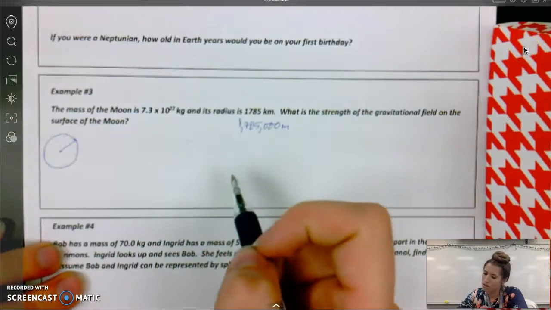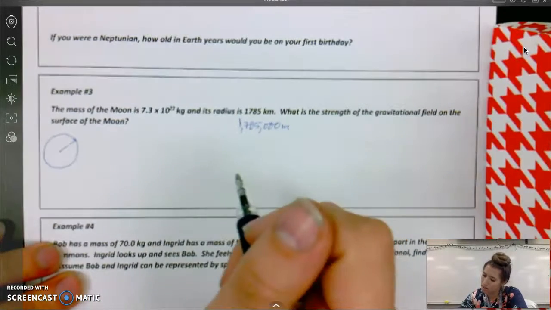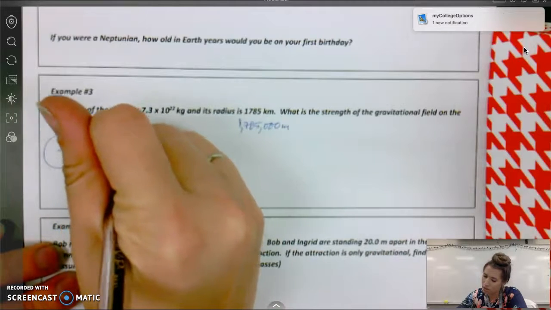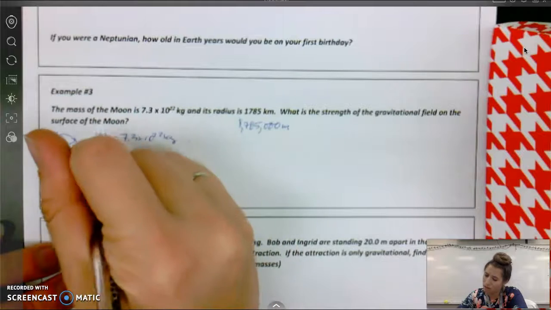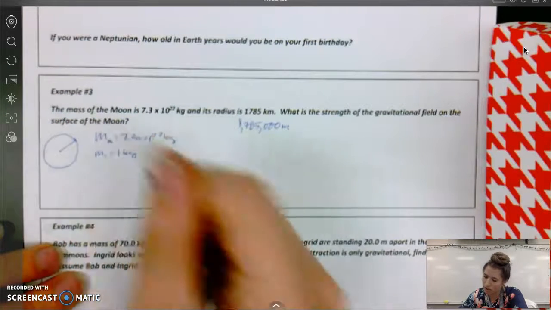Okay, so we know. Let's list what we know. Mass of the moon, 7.3. Mass of the object, 1 kilogram.